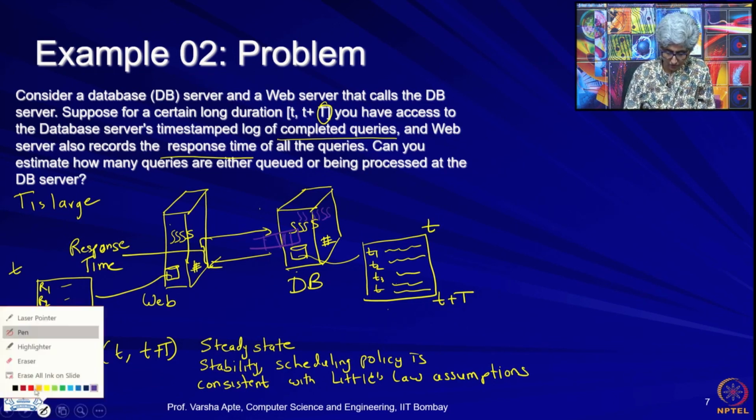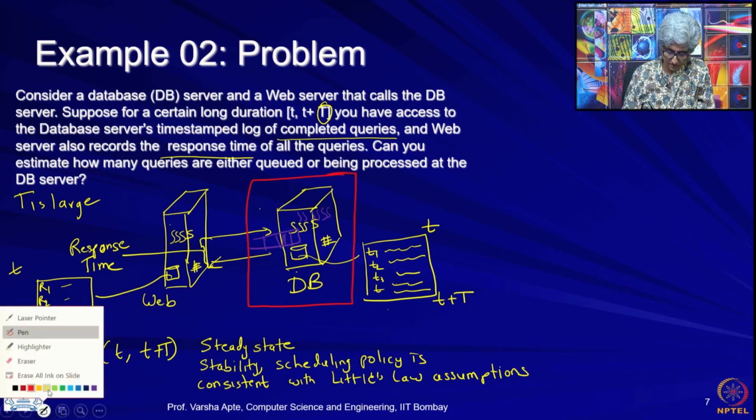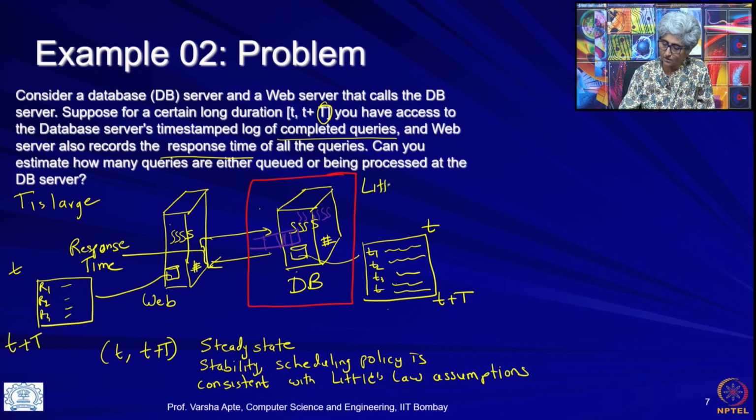So, the essential question here is that if you think of the database server as the Little's law region, then we are asking basically for the average n inside this region. Okay. So, it is not very difficult, we already know the time through this region, right, the time that the query enters here and exits here.